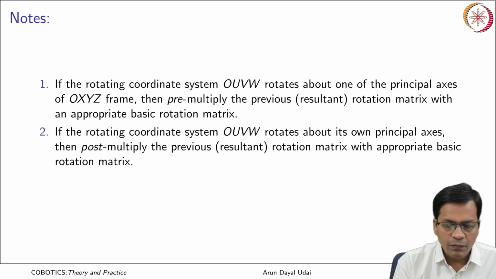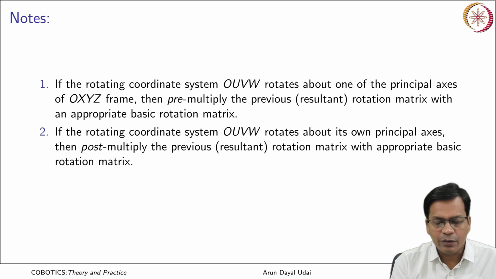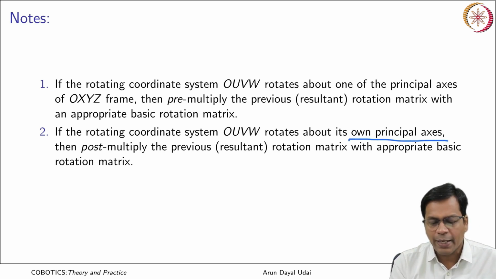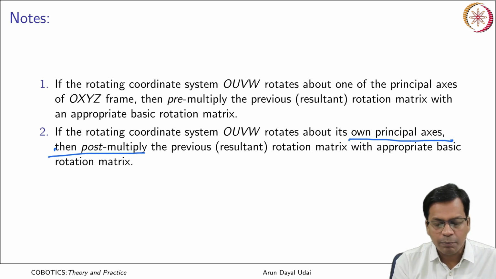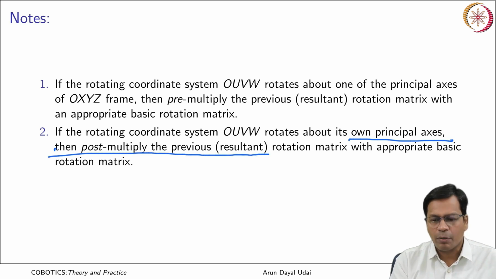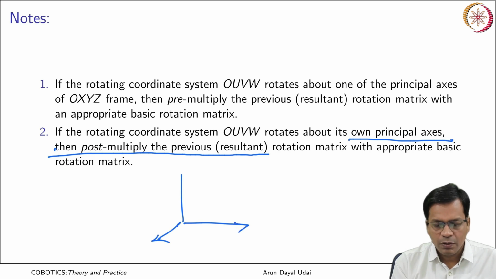Now, if the rotating coordinate system rotates about its own principal axis, then post multiply the previous resultant rotation matrix with the appropriate basic rotation matrix. Now, this time what does it mean? Let us say this is your initial frame x, y and z.